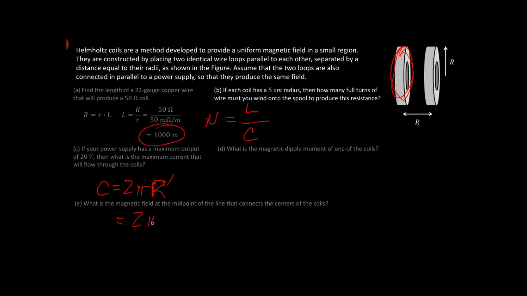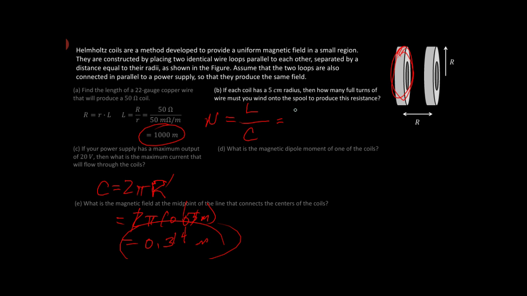so that's 2 pi times 0.05 meters, which is 0.314 meters, I believe. Right? 5 times 2 is 10, so 0.1, yeah. So 0.314 meters.